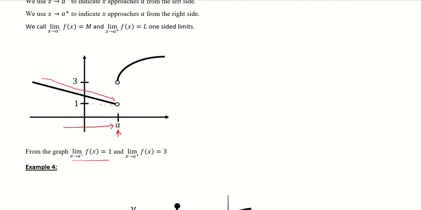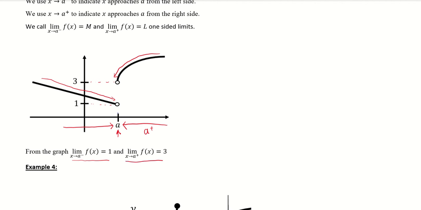And when we approach a from the right, we can see the function moves towards the value 3. So the limit as x approaches a from the right is 3.